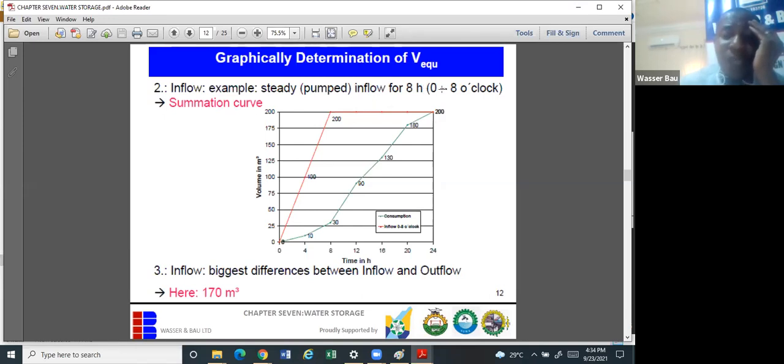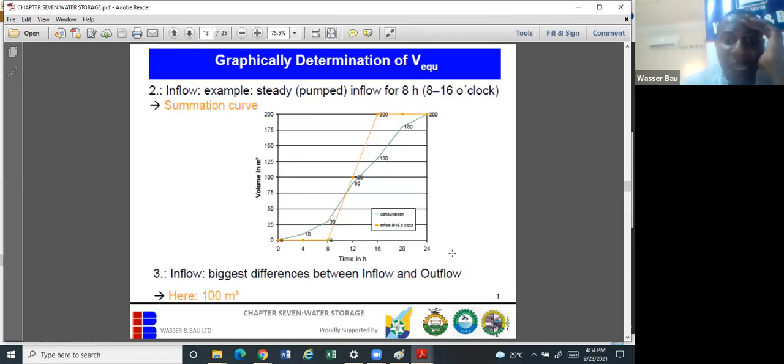But sometimes it's good for you to know the maximum and the minimum of the tank sizes you are meant to provide. And the good thing is that you answer the question right. The size of tank to be provided is the difference. The highest difference here is 200 minus 30 for 8 hours pumping. It means I'm providing a tank of 170 cubic meter.